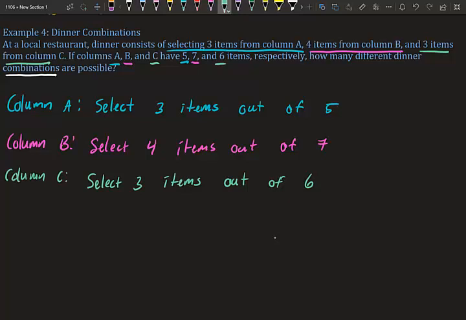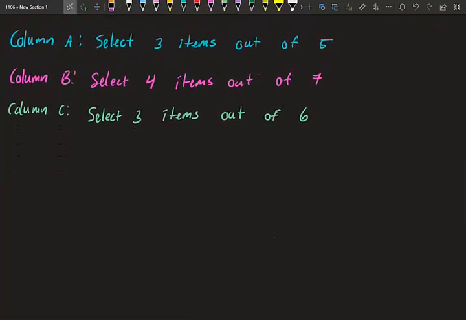So we have to do a combination for each column. Let's figure out our combination for column A. There's a total of 5 to pick from, and we're picking 3 of them. So we're going to plug it into our combination formula.